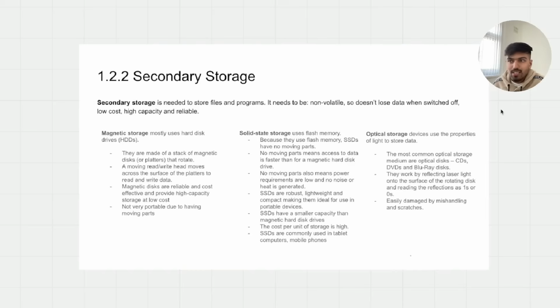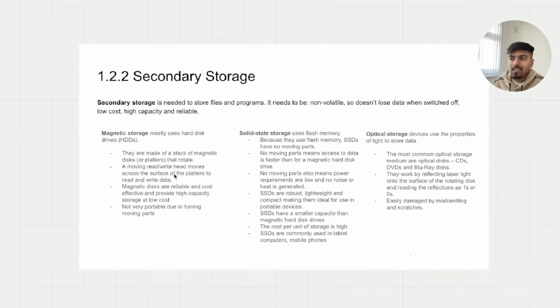Now we move on to secondary storage. Secondary storage is needed to store files and programs. It needs to be non-volatile because it doesn't lose data when it's switched off. And three things that we need to take care of when describing are low cost, high capacity, and reliability. Magnetic storage uses magnetic disks that rotate.